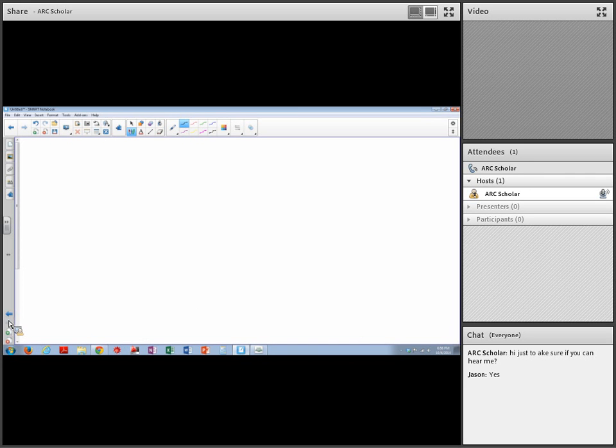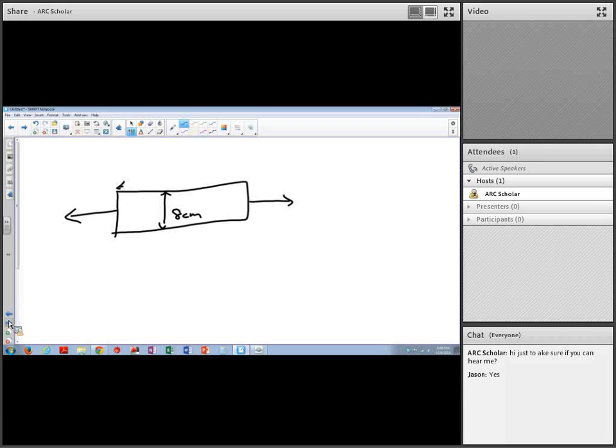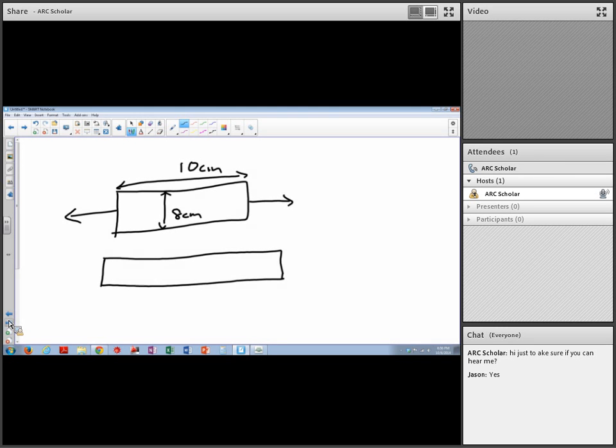So there is one bar here, and I pull it at two sides. It will get longer in length, but it will get shorter in height.